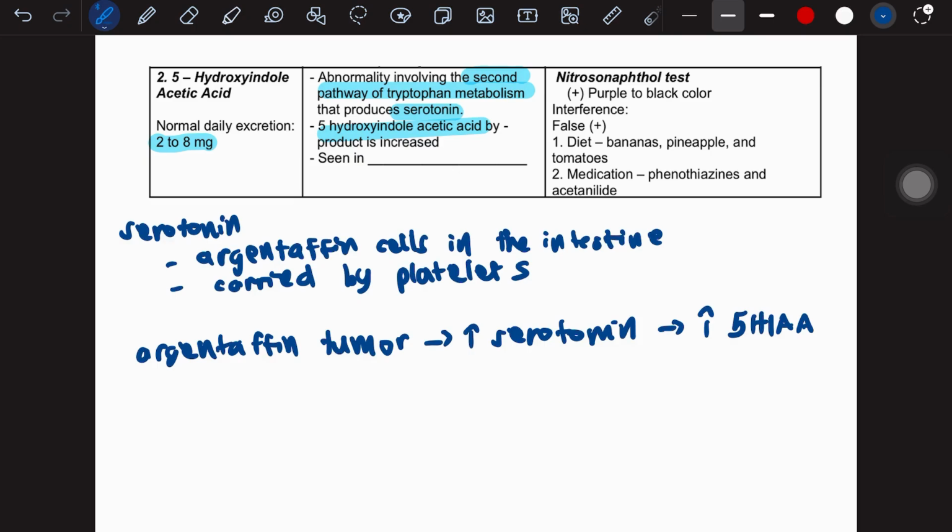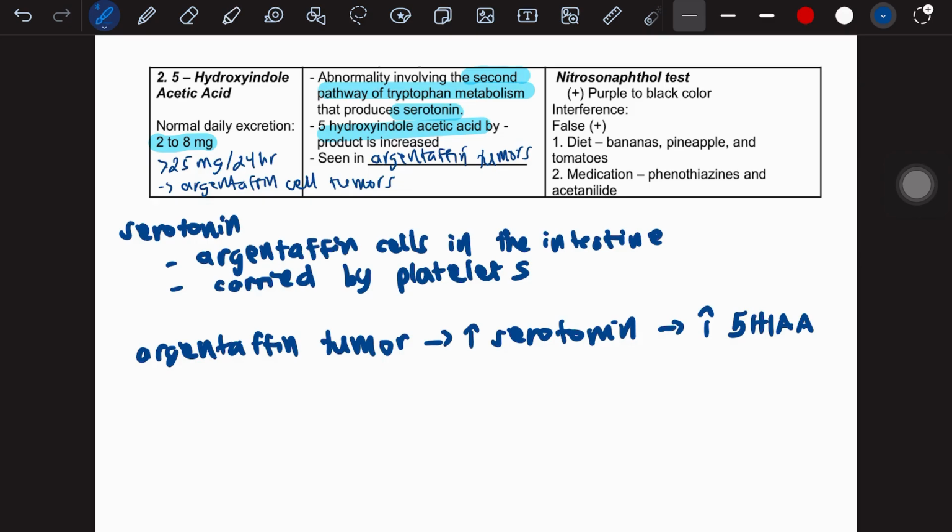Excretion greater than 25 mg per 24 hours, imagine that is very high, can be an indication of argentaffin cell tumors. So if it is very high, reaching greater than 25 mg per 24 hours, this is seen in argentaffin tumors as we stated a while ago.